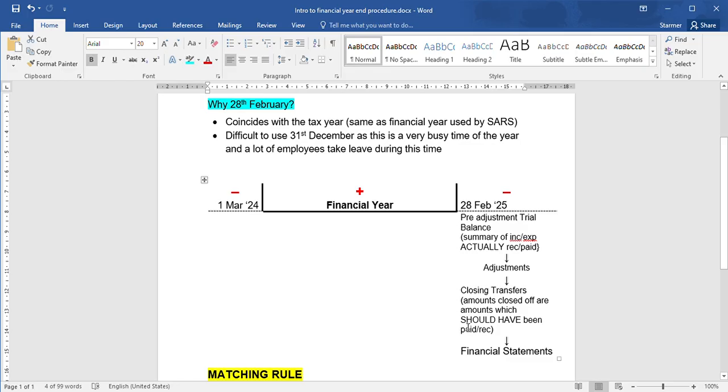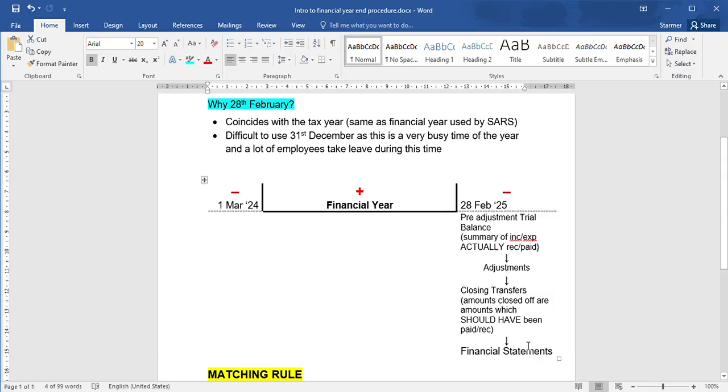So if I use that rent example, in the pre-adjustment trial balance, we had 13,000 because we paid for 13 months, 1,000 Rand a month. After you've done closing transfers, the amount that you've closed off will actually be 12,000. That is the amount that should have been paid.